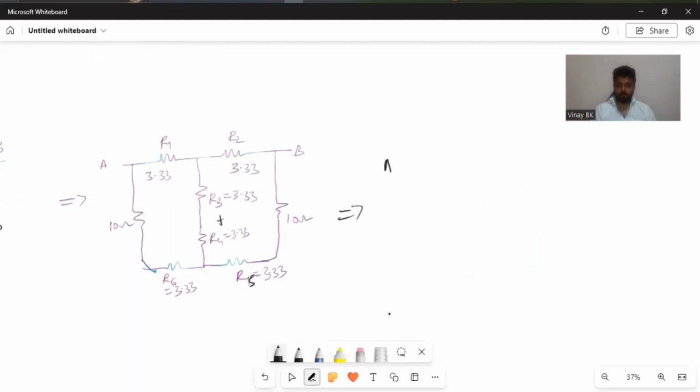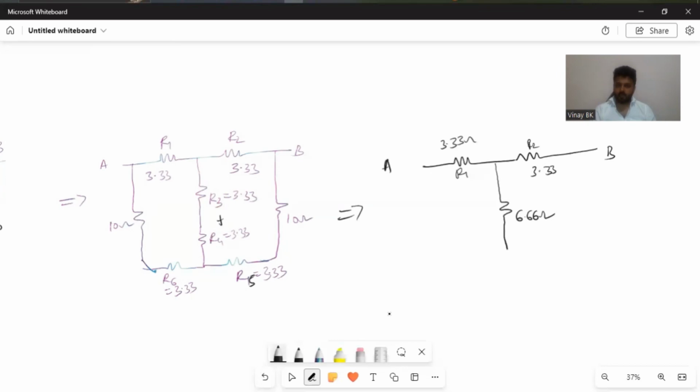From A, you have R1 as it is, that is 3.33 ohm, and R2 as it is, that is 3.33 ohm to B. So now, in between R1 and R2, R1, R2, R3 and R4 are in series. So you can get here 3.33 plus 3.33, you can get 6.66 ohm.